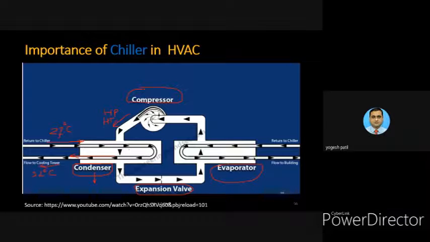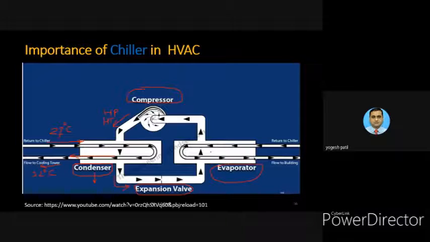So the output of the condenser is in the liquid form, and that passes through the expansion valve. The expansion valve's function is to regulate the flow rate of the liquid refrigerant required for the evaporator.